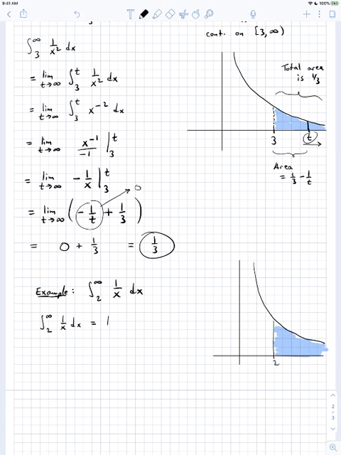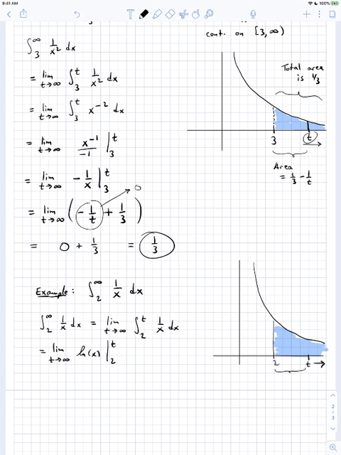So this is the limit. Once again, we're going to pick a t, then we're going to compute the definite integral from 2 to t, and send t off to infinity. So it's the limit as t goes to infinity of the integral from 2 to t, 1 over x dx, which is the limit as t goes to infinity of ln of x from 2 to t.